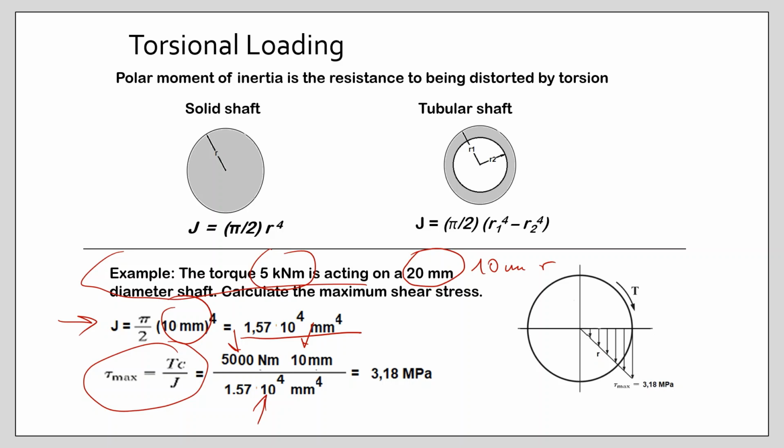You see here Newton, meter and millimeter are used. You can make life easier when you take everything in millimeters, then your result will be in Newton per millimeter squared, which is actually megapascals.